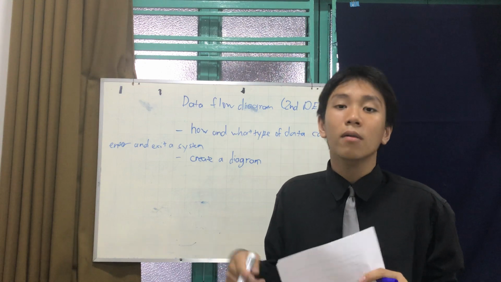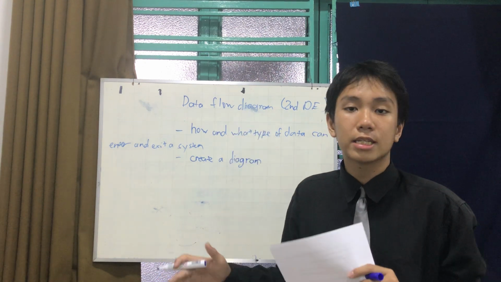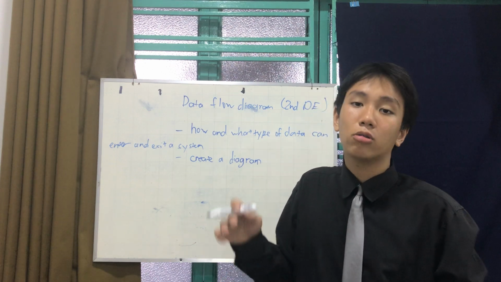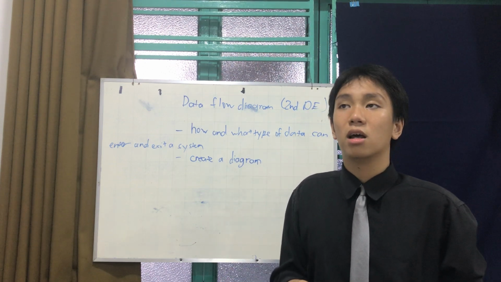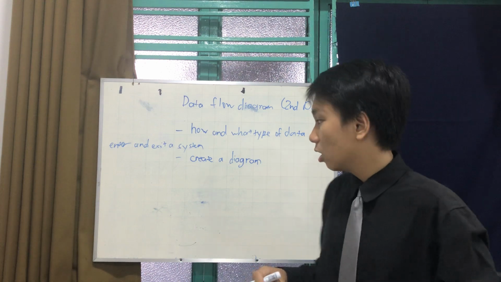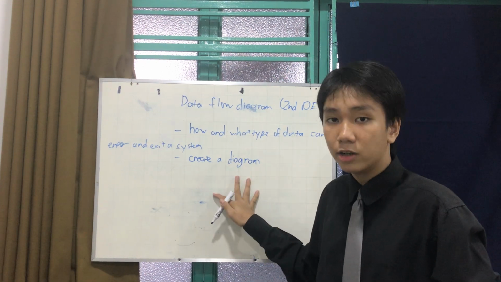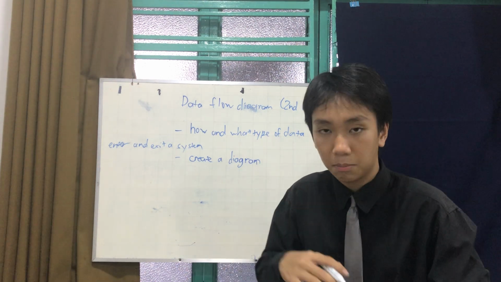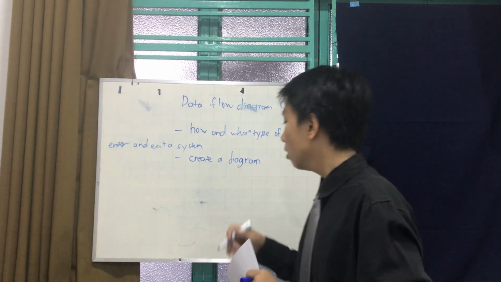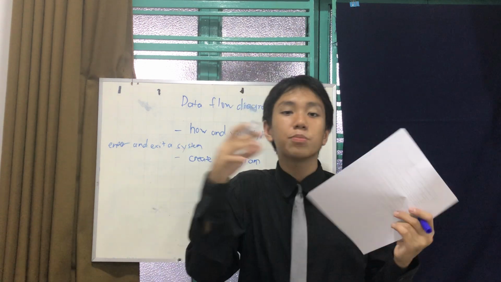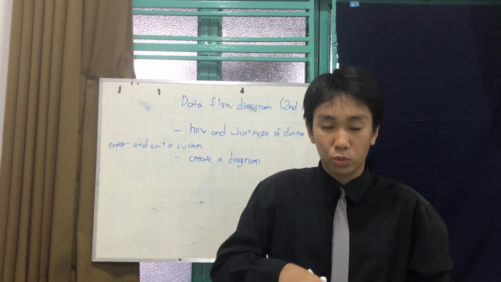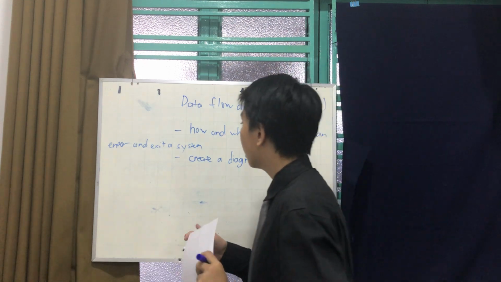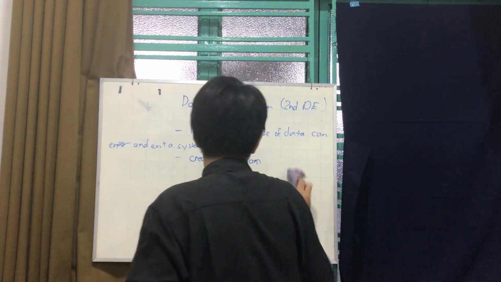So for example, what type of data can be processed, how data can be processed, where data can be stored, how it can be stored, things like that. So I will create a diagram first for this week, and for the second week I will just edit my diagram to make it more complete, to distribute the work evenly between the weeks, so I won't have so much stress in 1 week. That is what my D2 is about.